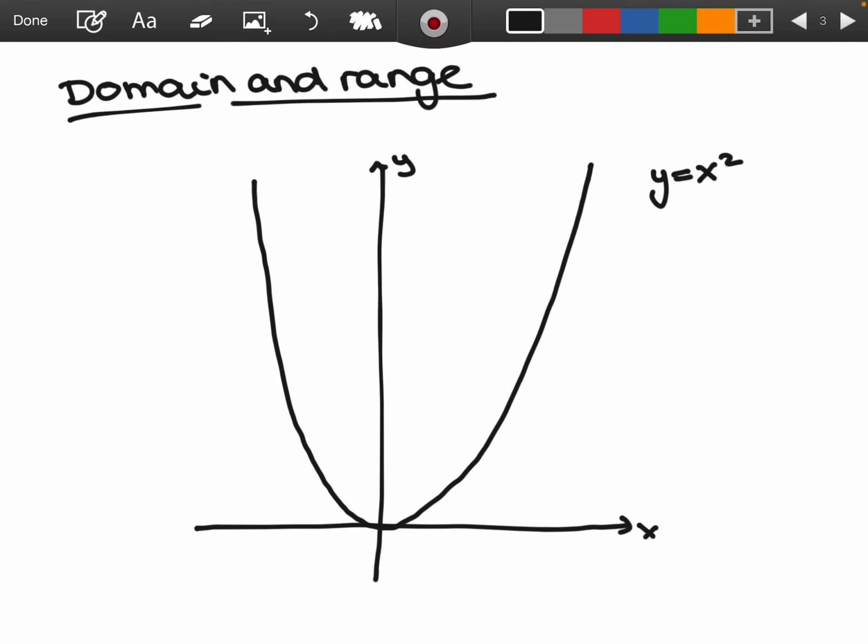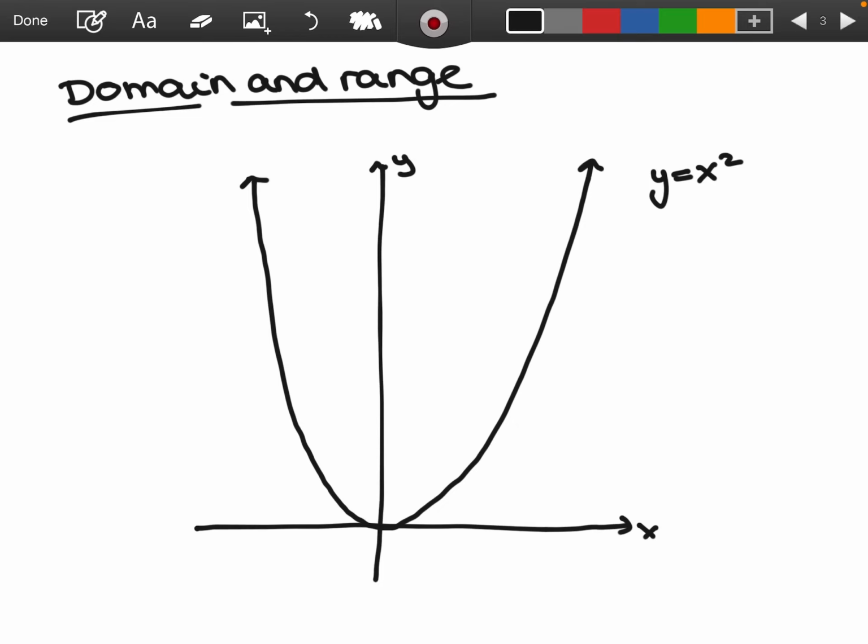Now, this graph of y is equal to x squared goes off and upwards in both directions infinitely. To the left it goes off towards negative infinity, and to the right it goes off towards positive infinity.